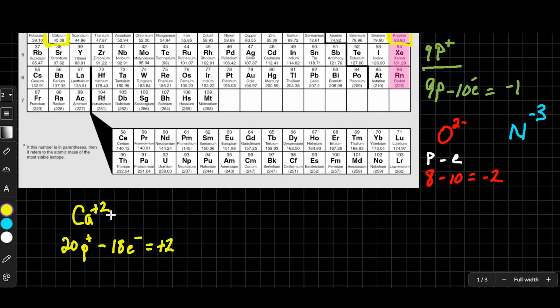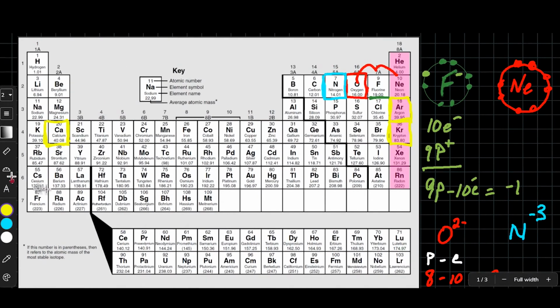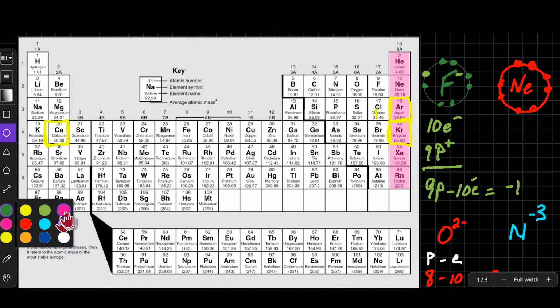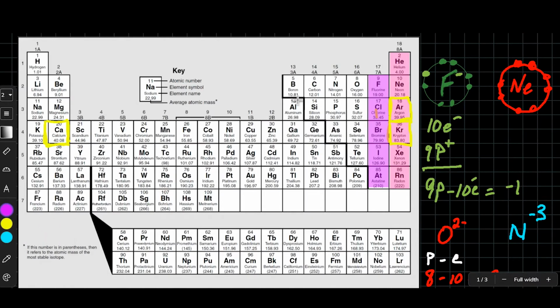All right. So what do you think? All right. So we've got everybody in this column right here. Everybody in this column is going to be, in fact, let me do it like this. We've got that and that, and so everybody in this column is going to make a -1 charge, yeah?